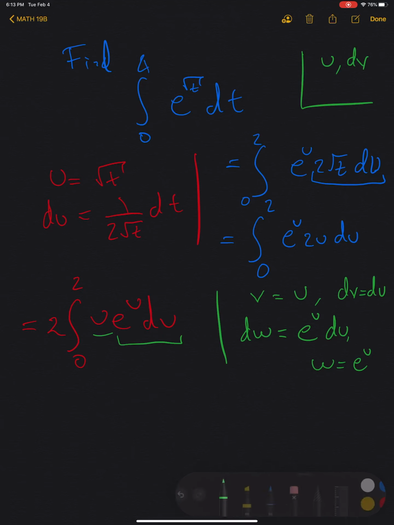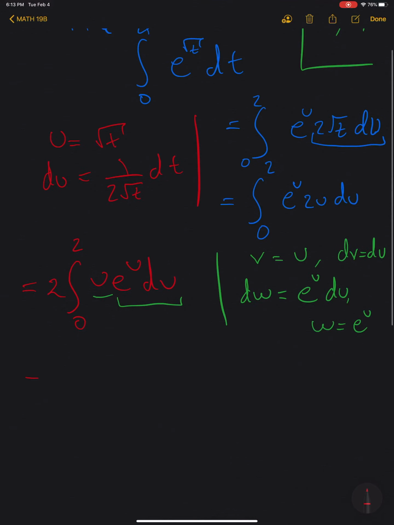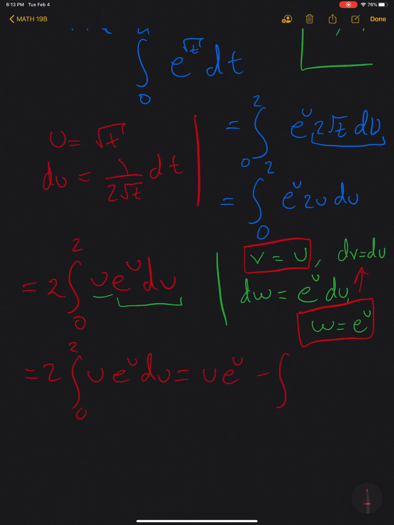Now I can rewrite this using my integration by parts formula as the integral of v dw equals v times w minus the integral of w times dv. So this becomes v times w, which is u e to the u, minus the integral of w times dv. So it's just e to the u du.